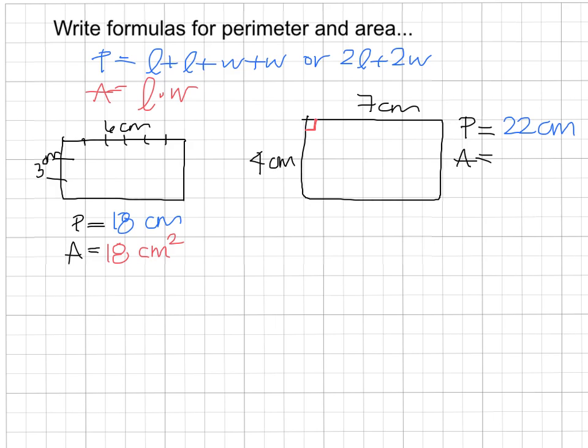Area, remember, is the area inside the rectangle, and we just take two adjacent sides and multiply them together, and 7 times 4 is 28, and we're talking centimeters squared, or you can put square centimeters if you so choose, but you have to have one or the other. I'm going to give you 2 more problems, and then that will be the end of this video.